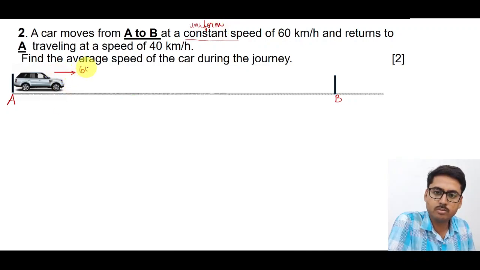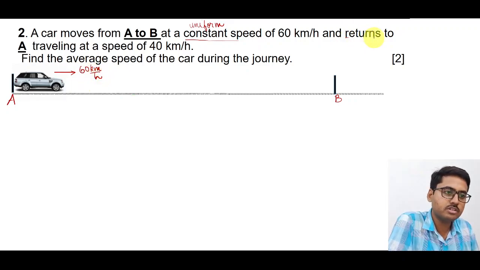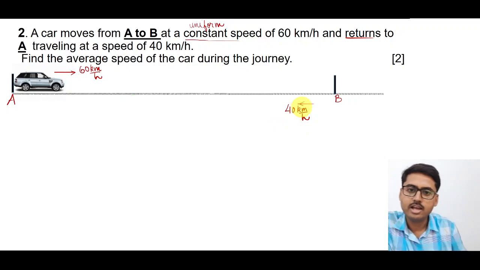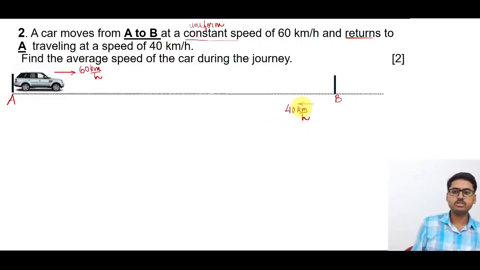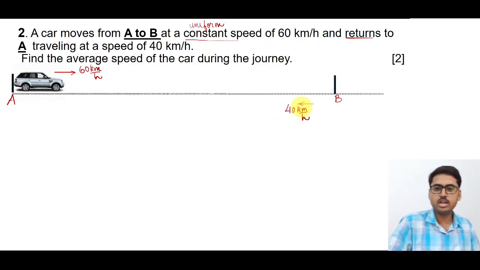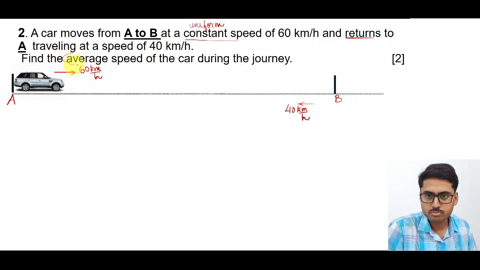So here the object is moving with 60 km per hour and returns to A. So from B it is returning, and it is returning at a speed of 40 km per hour. That's it, no more information given, and we are supposed to calculate average speed.